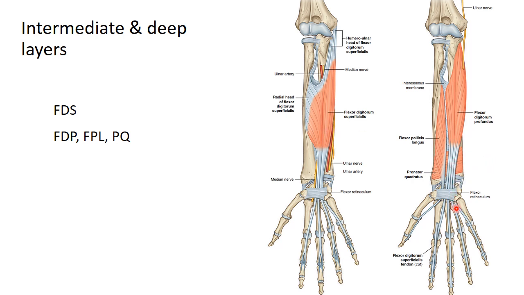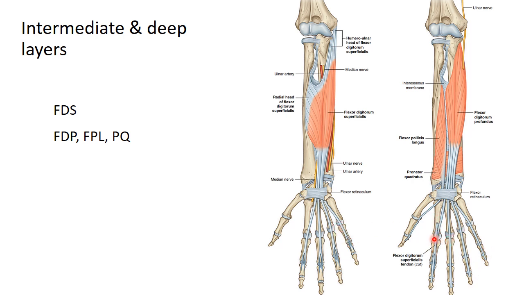Each tendon runs deep to the tendon of flexor digitorum superficialis, then crosses the phalanges to reach the base of the distal phalanges and is inserted there.